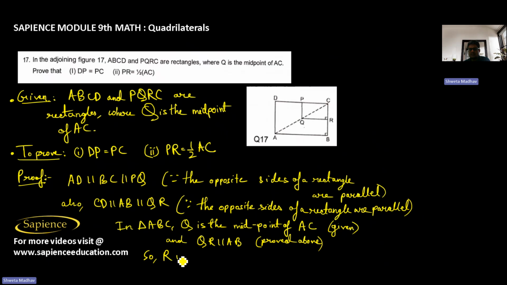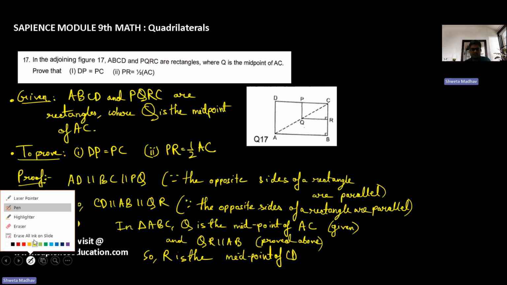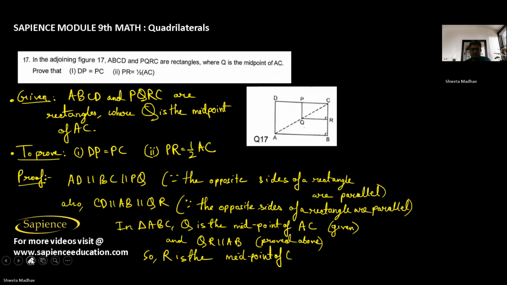So therefore I can say R is the midpoint of CB by using the converse of midpoint theorem.